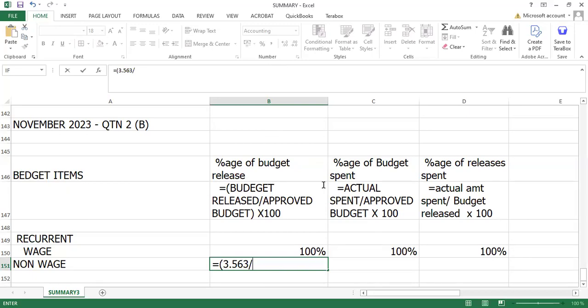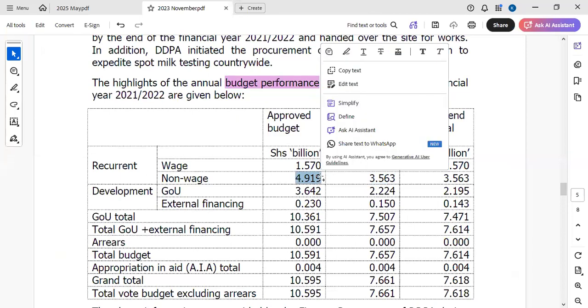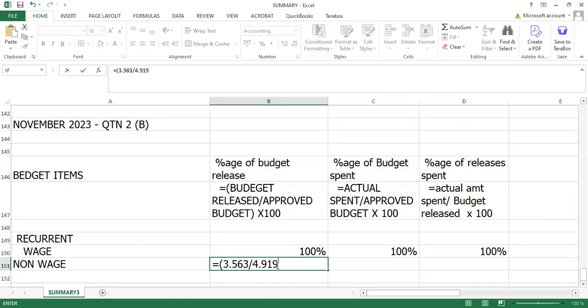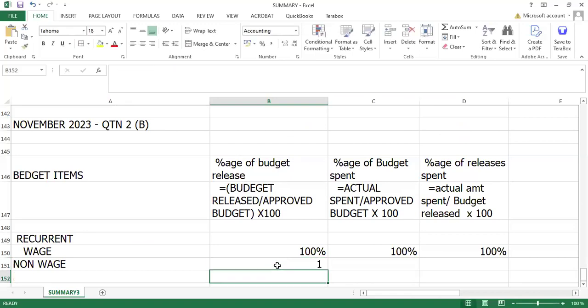What was approved is this. Here the number is easy but takes time. Then times 100. So the percentage is this. The percentage. Then you do the same here.